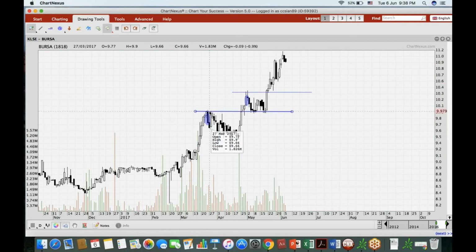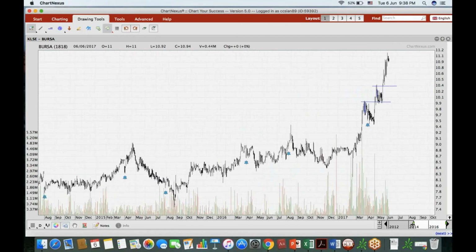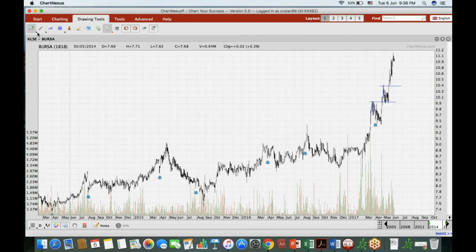Okay, so that's how we draw support and resistance. Okay, in this case, we see that there's a strong resistance here, and the stock tends to trade in this range.